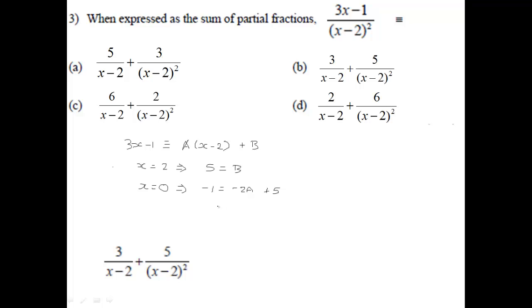Take that over to this side, we get minus 6 equals minus 2a, which implies that a equals 3, doesn't it? Minus 6 divided by 2. So we end up with 5 for b, 3 for a, so it's this one here.